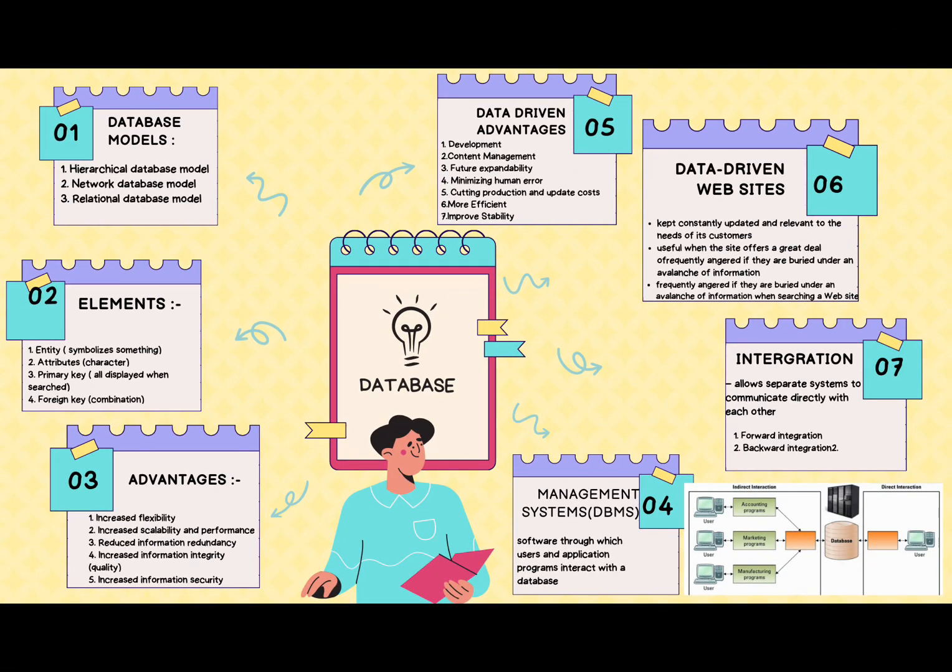For database, number one is database models that have three models. Number one is hierarchical database model. The information is organized into a tree-like structure and for example have own folder. Number two is network database model, which is a flexible way of representing objects and their relationship, and this database model need internet.